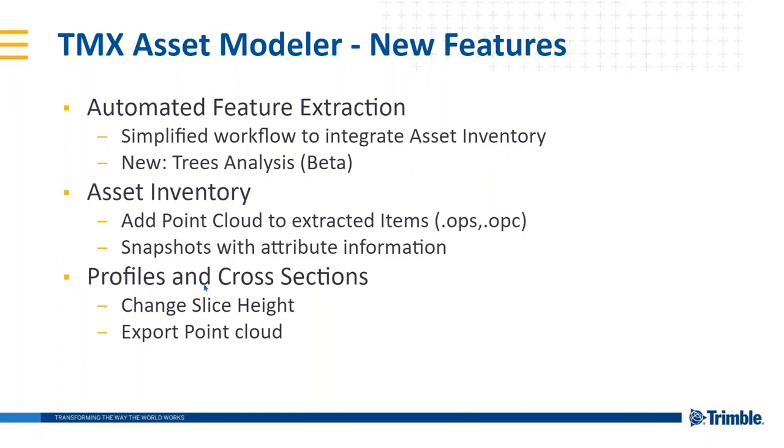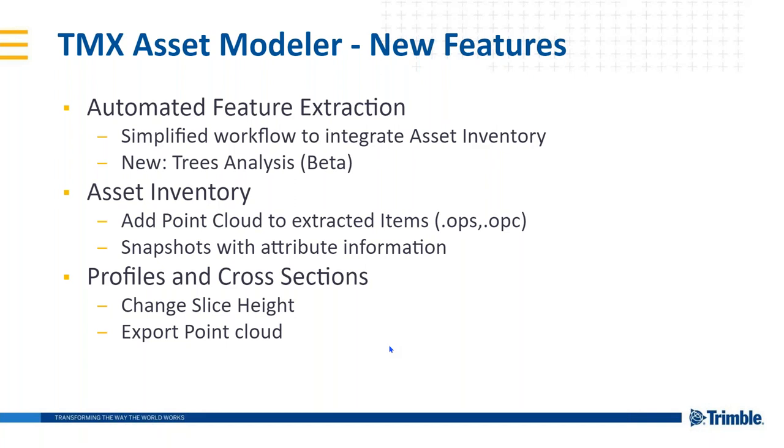Also there is a simplified workflow to integrate and import the extracted features into an asset inventory theme, by simply right-clicking on the extracted features and importing into the theme. That would allow you to use all of the advantages of an asset inventory theme.